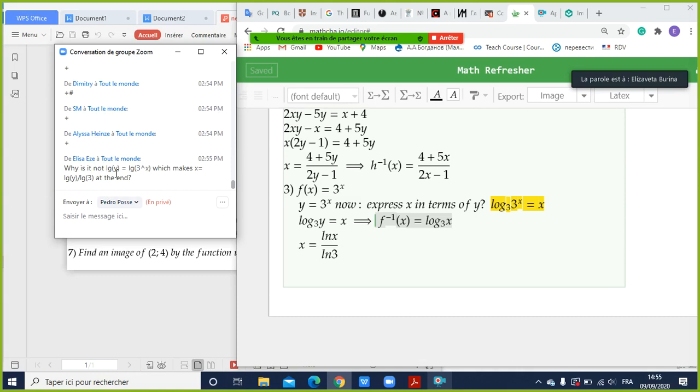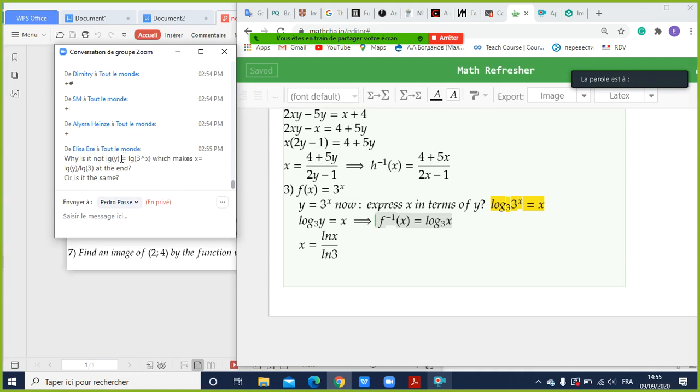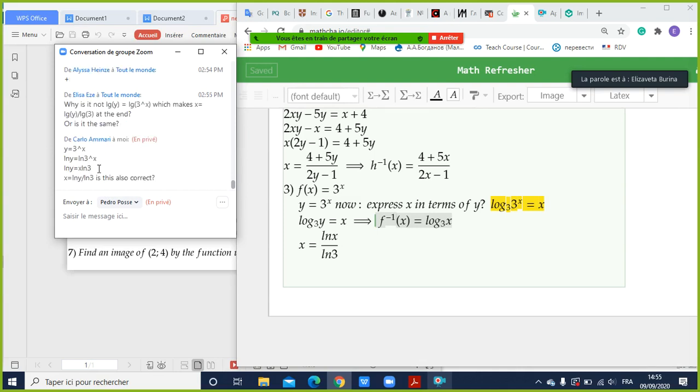Why is it not logarithm of y equals to logarithm of 3 to the power of x, which makes x... first of all, this is supposed to be y, obviously. I just confused letters here.